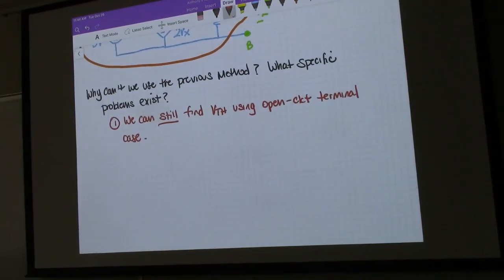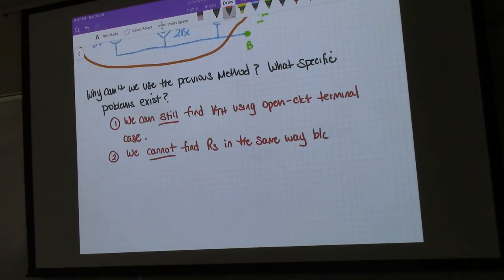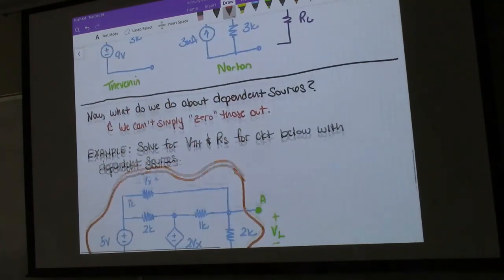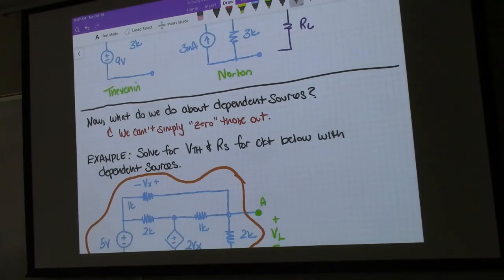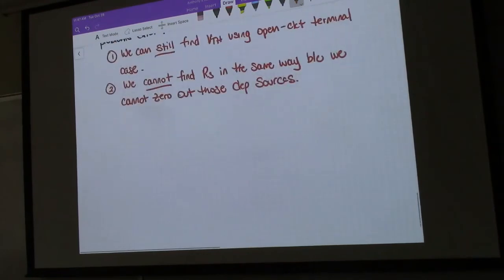But now the problem is we cannot find RTH in this or RS in the same way. Okay.